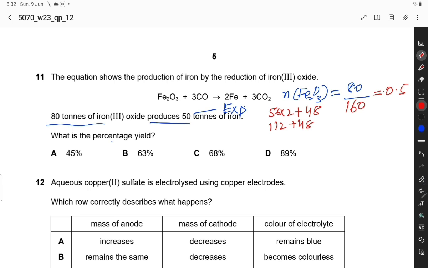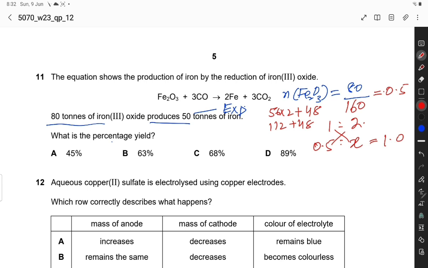This is 0.5 mole, and iron ratio is 1:2, so 0.5 into 2 is equal to 1.